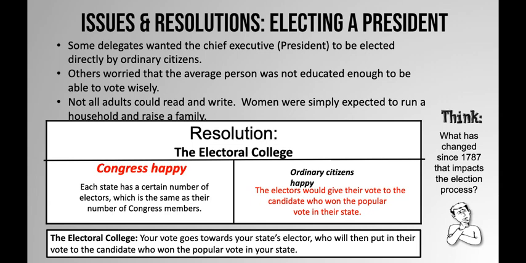It really back then was white landowning men that would do most of the voting and anything in politics. So things have changed quite a bit. And just a thought question for you is, do you think that people nowadays are more qualified to directly elect a president? I don't have those answers. I'm just throwing them out there for you as questions.